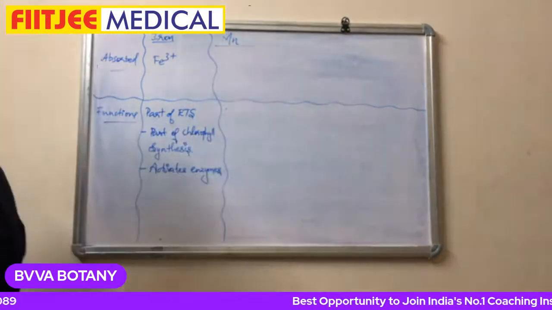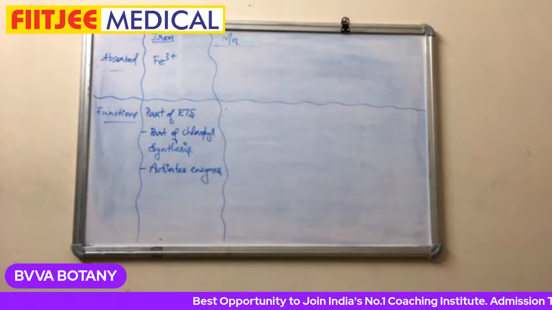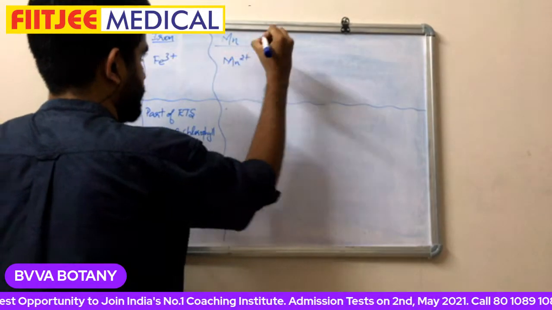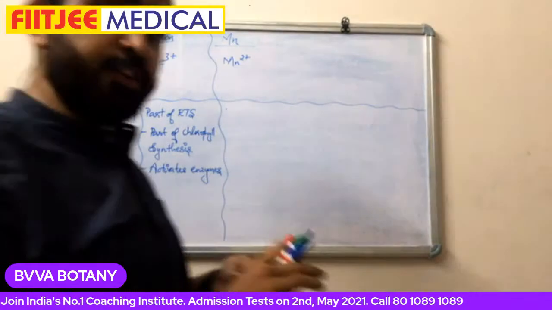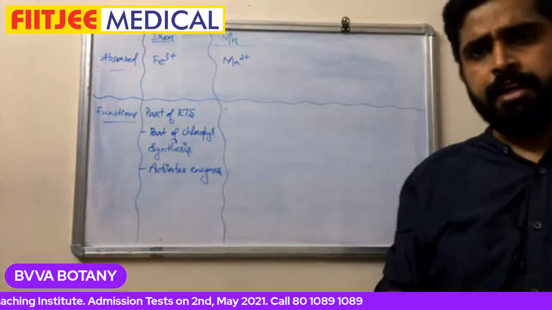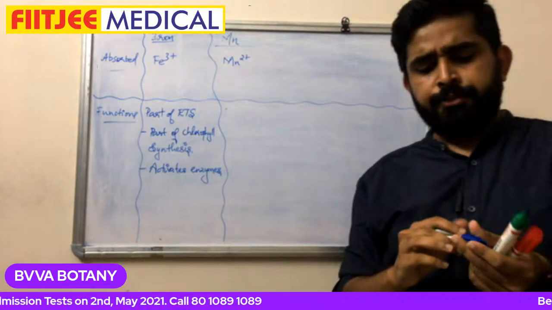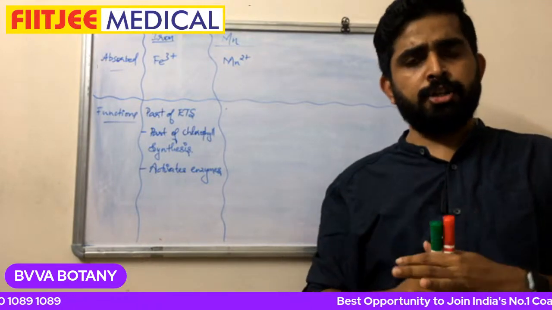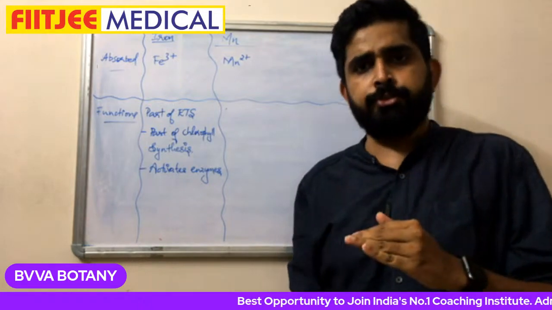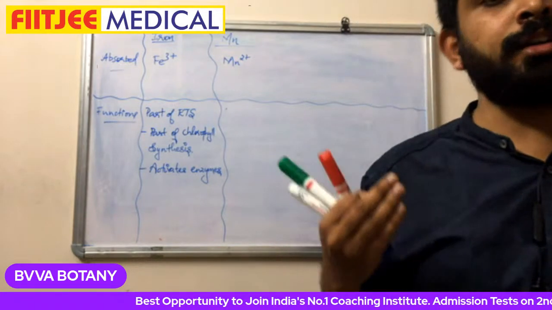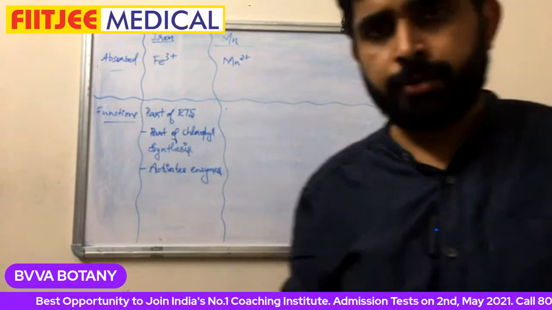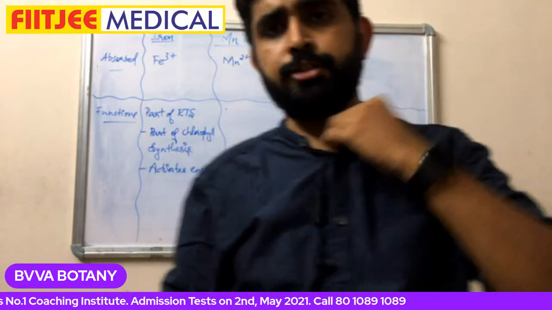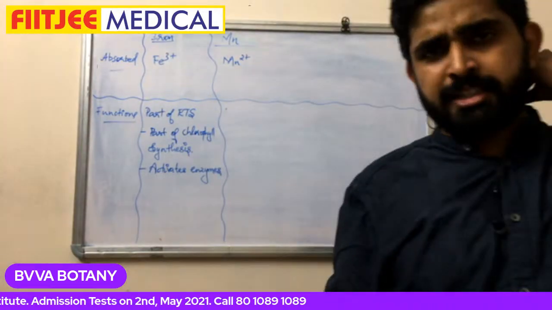Manganese is taken in the form of Mn2+. In the photosynthesis chapter, you will study that photosynthesis requires water, right? The equation is carbon dioxide plus water. That water in photosynthesis is actually an electron donor. In order to donate electrons, there should be splitting of water.